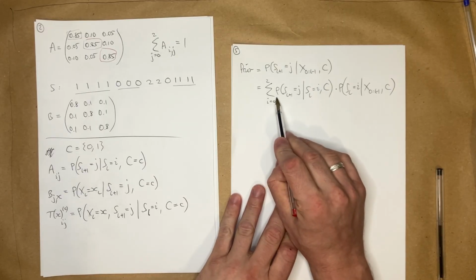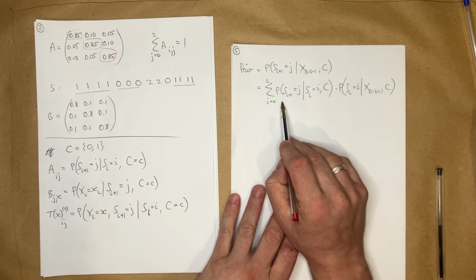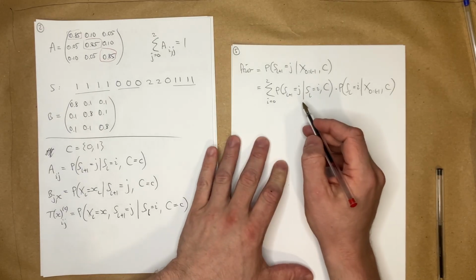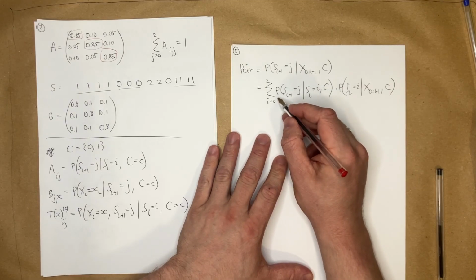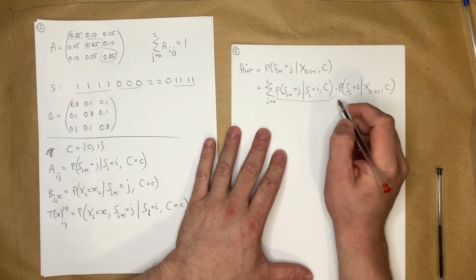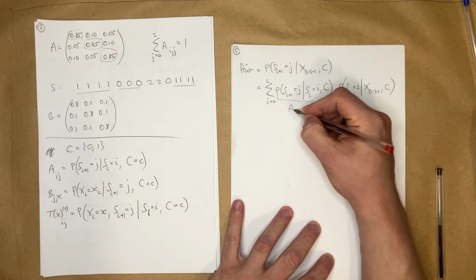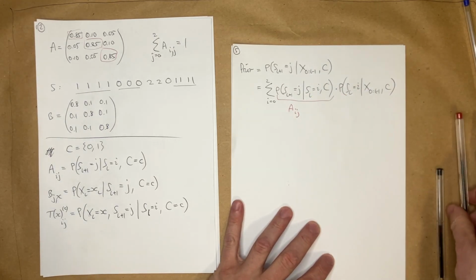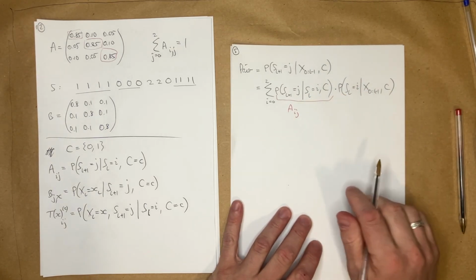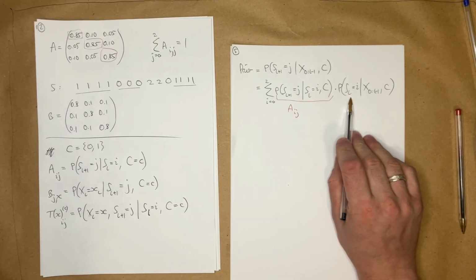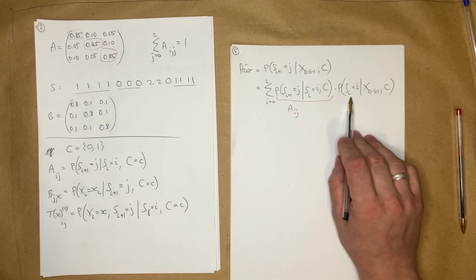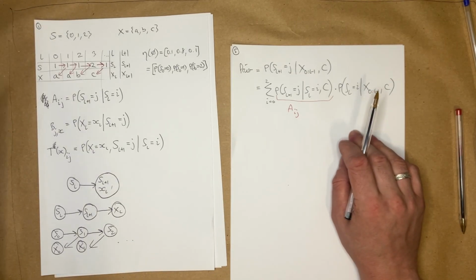This quantity here is matrix A. If you look here, you can see that that is Aij. And this quantity here is our friend eta. Where have I written eta?